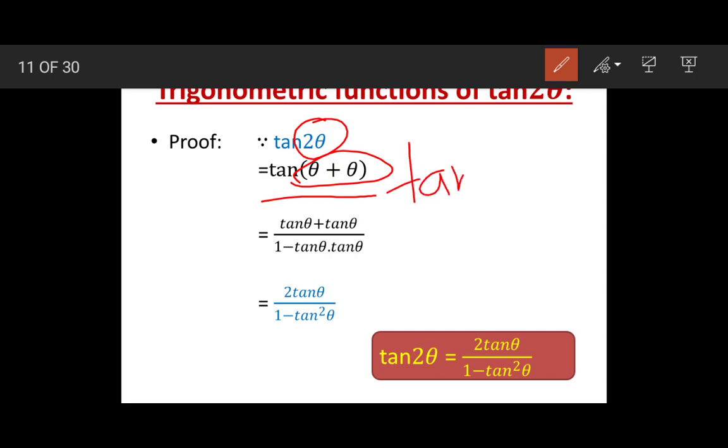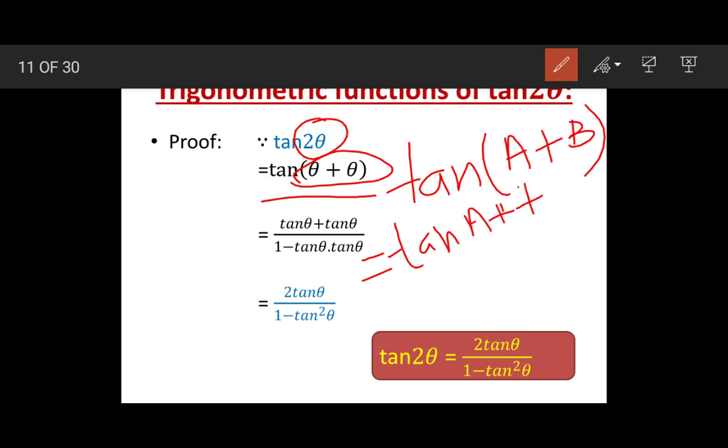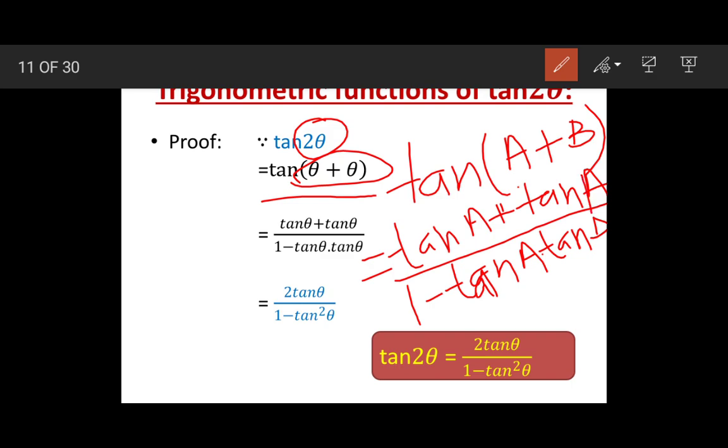The compound angle formula for tan A plus B is tan A plus tan B upon 1 minus tan A into tan B. This is the compound angle formula for tan A plus B.